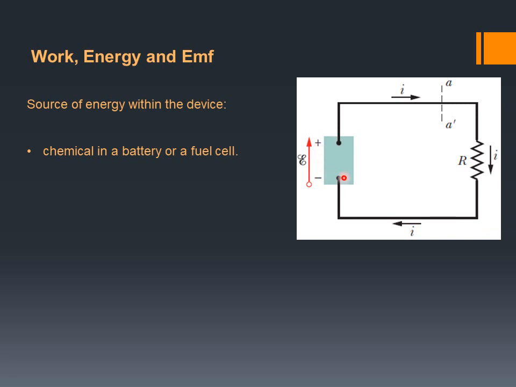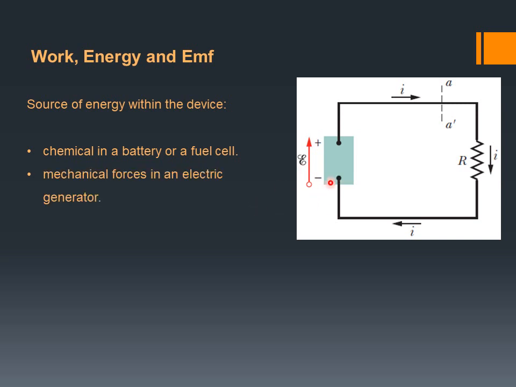Now the question is, why does a battery, if it is a battery, take the charges from low potential to higher potential, and at what cost does it do work? The answer is the chemical energy in the battery, or in a fuel cell for example, and at the cost of that chemical energy, the battery does work.